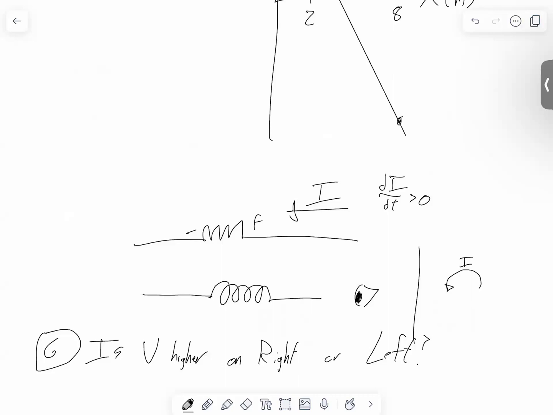The total voltage is higher on the right. The total is the applied minus the reaction. The reaction is in the opposite direction. If current flows left, that shows you the direction of the total.